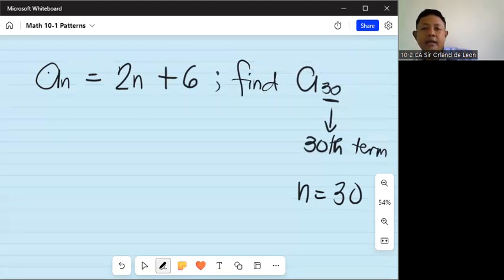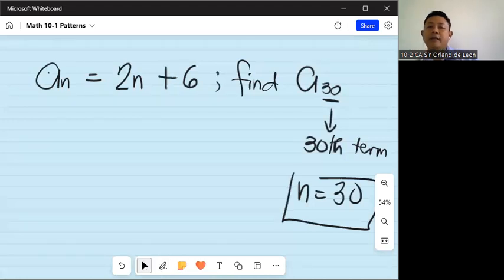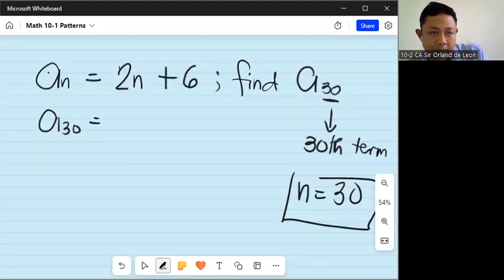Okay? Now that you know how to identify n using our given, we can already find the A sub 30. To do this, for A sub 30, substitute the value of n, which is 30, in our given formula.